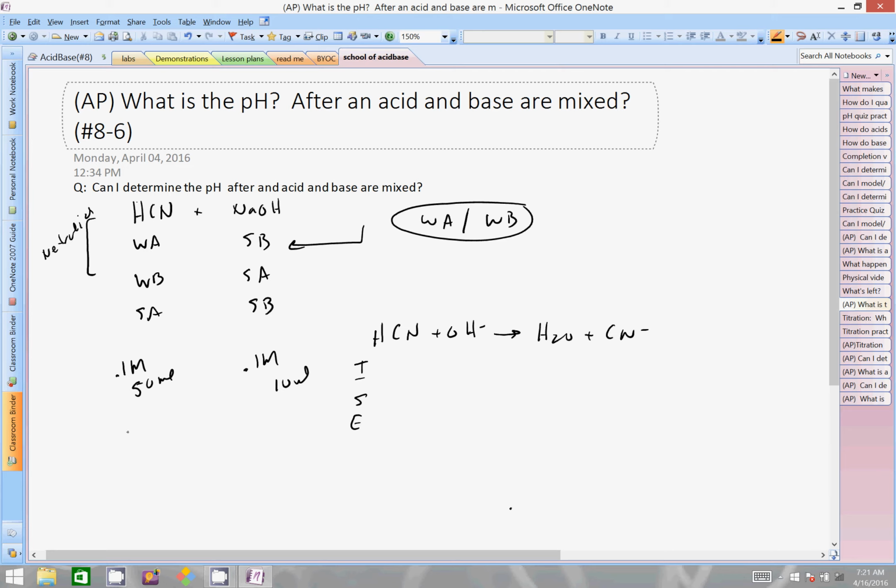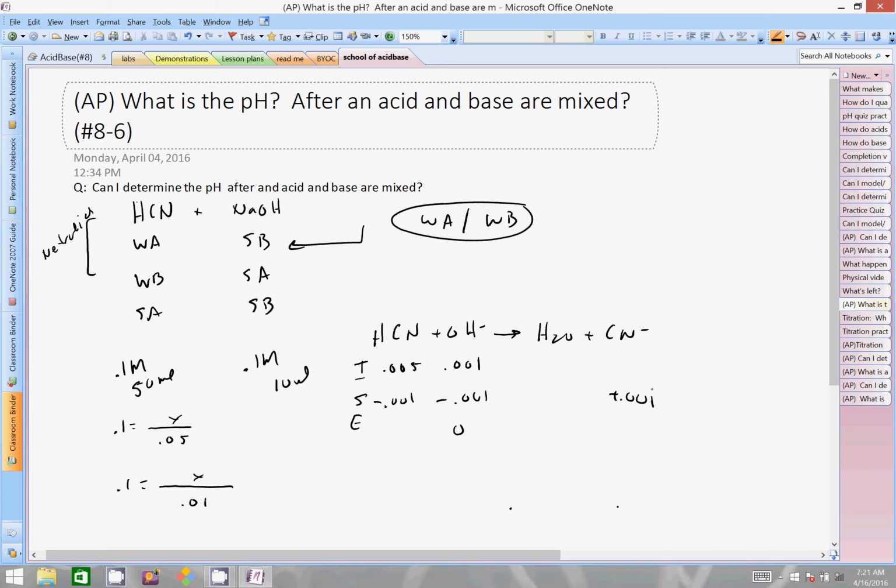So I have 0.1 equals x over 0.05 liters, solve for x, 0.005 moles. This is going to be 0.1 equals x over 0.01 liters, solve for x, 0.001 moles. Right at 1-to-1 ratios, minus 0.001 to 0, that's gone. And I have minus 0.001 of the acid and I'm gaining 0.001 of the conjugate base.